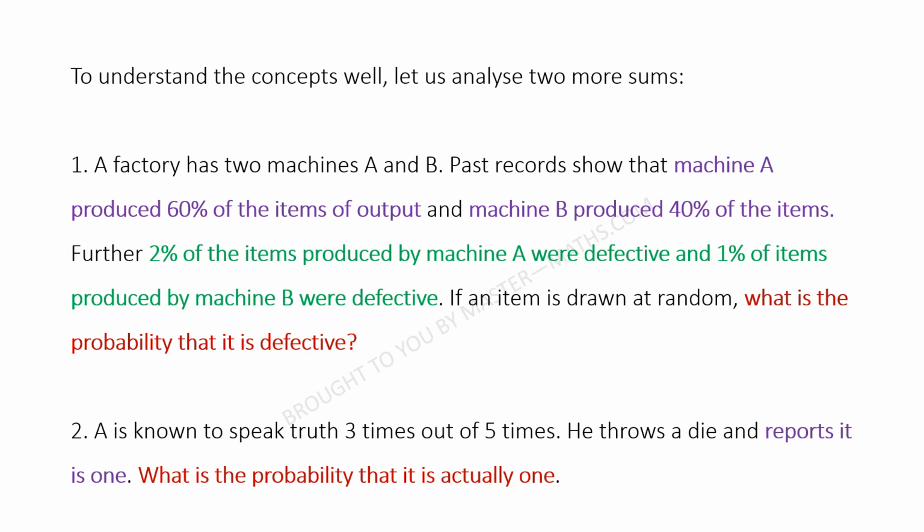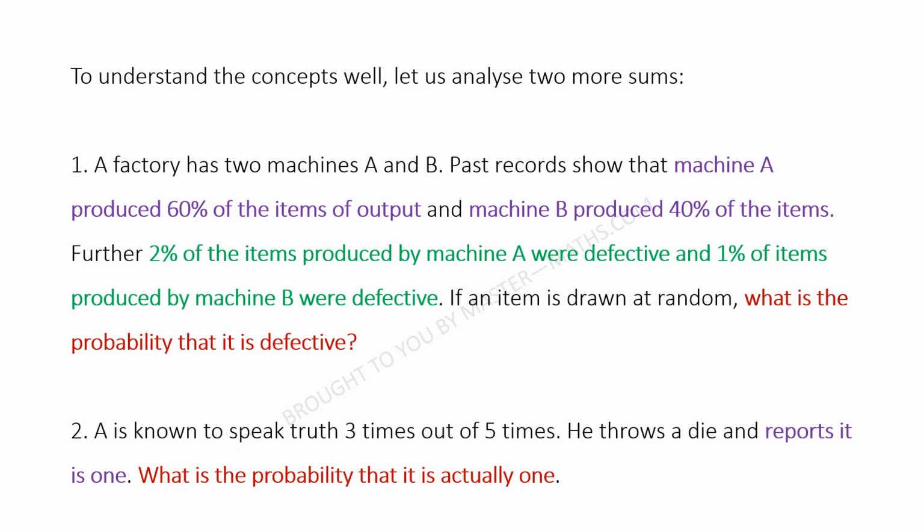So, now you know P of E1, P of E2, P of A given E1 and P of A given E2. What is the question? You want to find the probability that it is defective. So, you are not bothered about either one of the options, it is the total probability which you have to find. So, you find P of A using the formula which we have dealt with already. Okay. Let me move on to the second sum now.